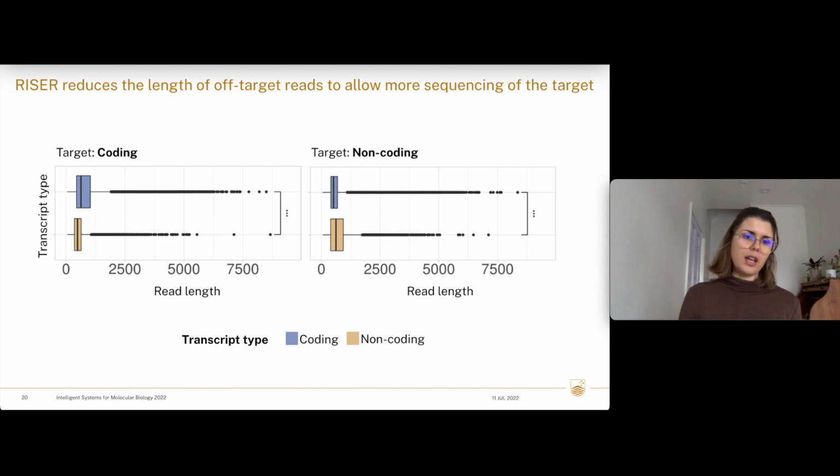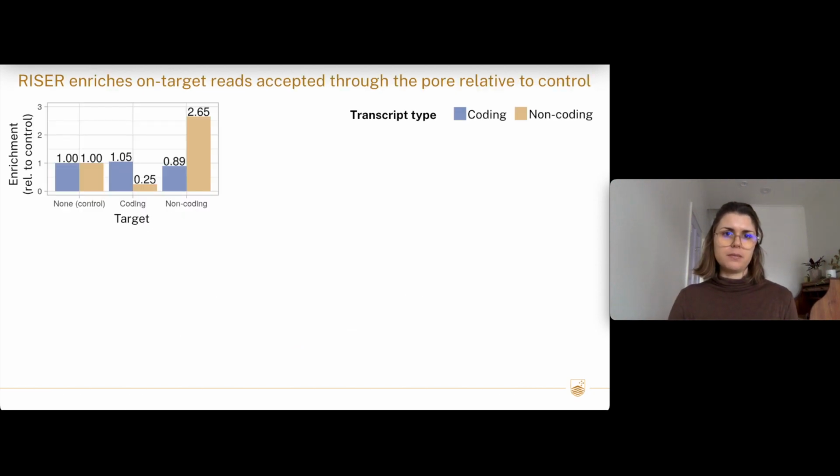So you can see on the left, when the target species is coding, there was a significant difference between the lengths of the coding and non-coding reads, with coding being significantly longer. The same effect was observed when the target was non-coding on the right here, which is what we expected. What this means is RISER is able to reject reads that do not belong to the target species to make room for more sequencing of the target.